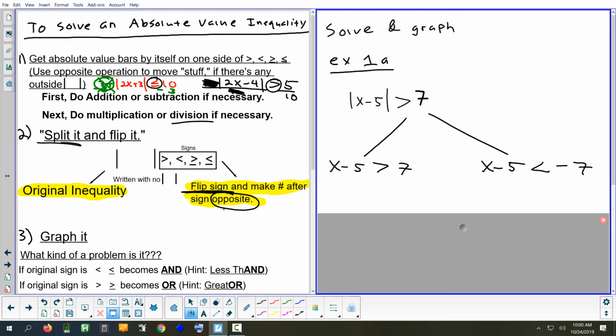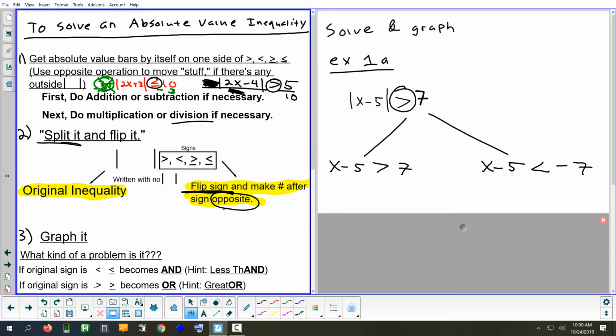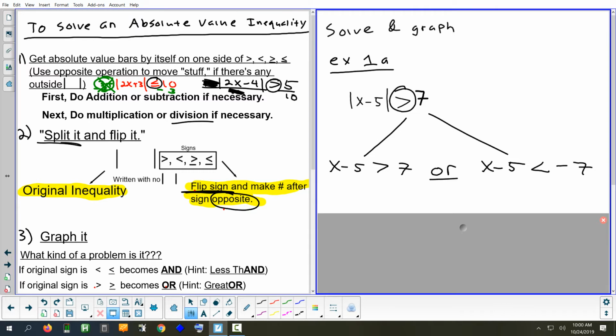Now, one other thing we should put is the word, because sometimes if you save writing the word for the end, you forget to do it. Is this an and or an or? Greater becomes an or. So at least if you write it right now, I would give you credit because you remembered to write it, even if you forgot it in the very end. So I know that you know it's an or.